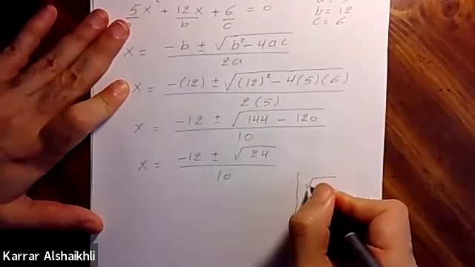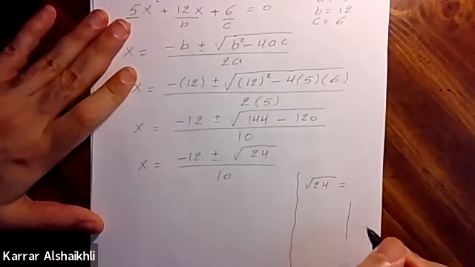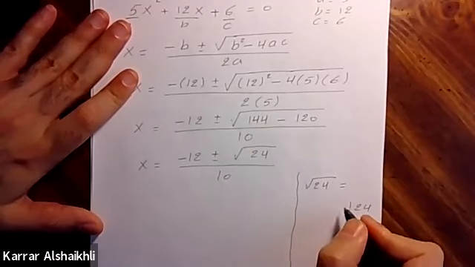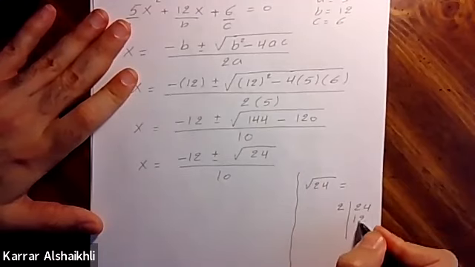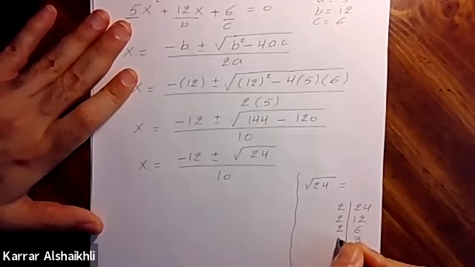To find the square root of 24, you're just going to write down the 24. Divided by 2 is going to be 12. 12 divided by 2 is going to be 6. 6 divided by 2 is going to be 3. 3 divided by 3 is going to be 1.